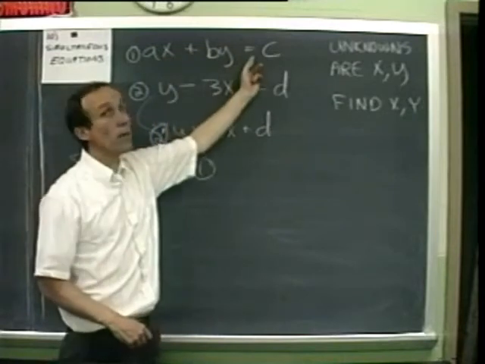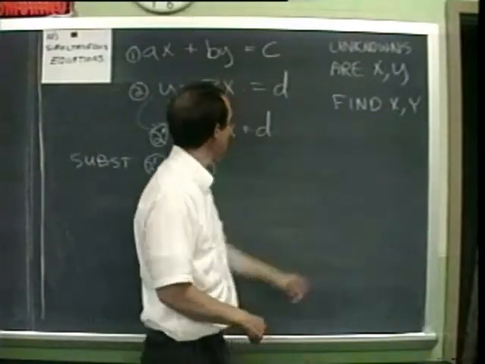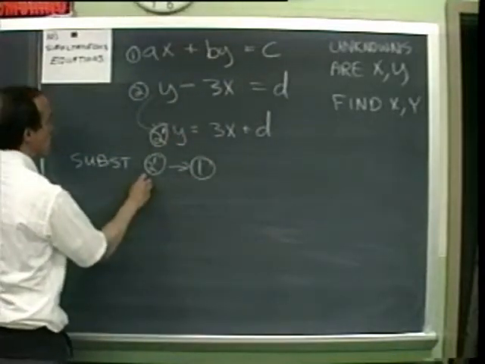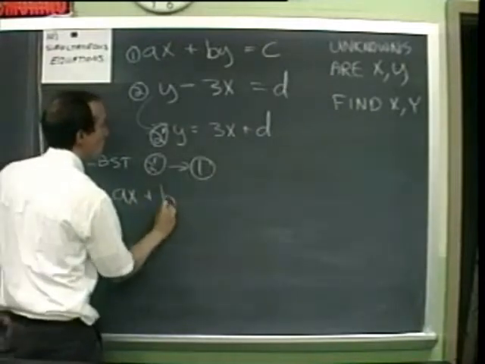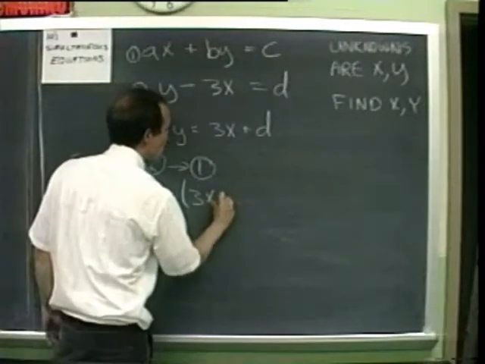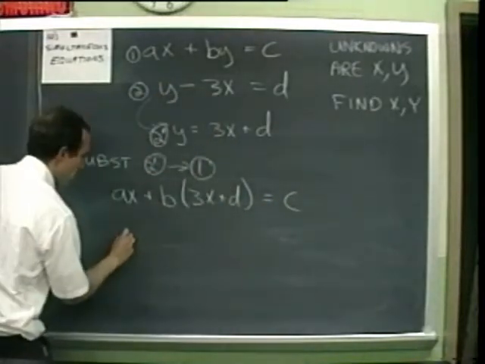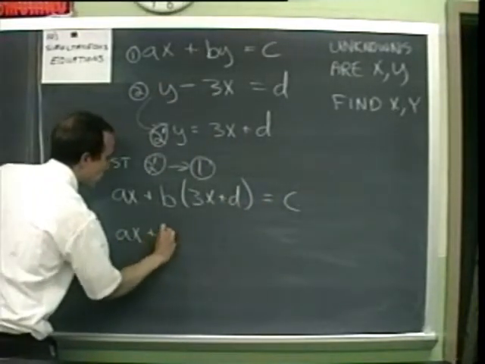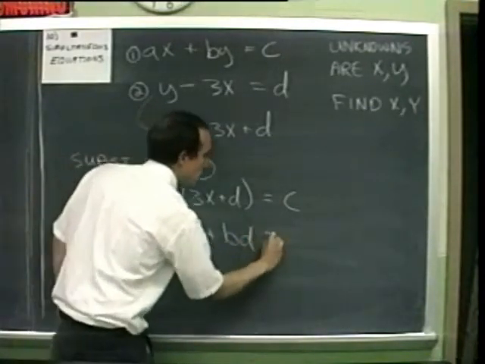Then I've got an equation up here that just has the x in it, and I can solve it for x, and I've done half the problem. So making that substitution, I get ax plus b times 3x plus d is equal to c. ax plus 3bx plus bd is equal to c.